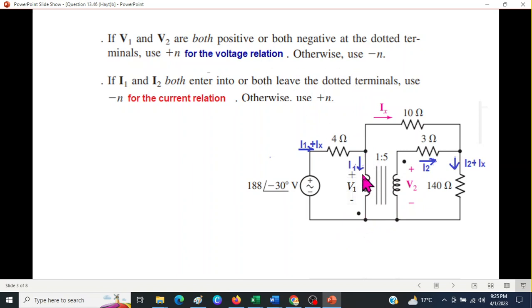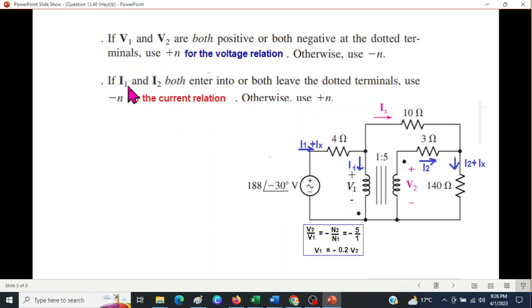One is at the dotted terminal and the other is at the non-dotted terminal. So we can write V2 over V1 is equal to minus N2 over N1. Now N2 over N1 is actually small n, and this is equal to minus 5 over 1. From here we can write V1 as negative 0.2 V2. This is the first rule.